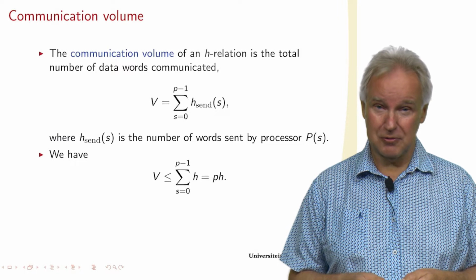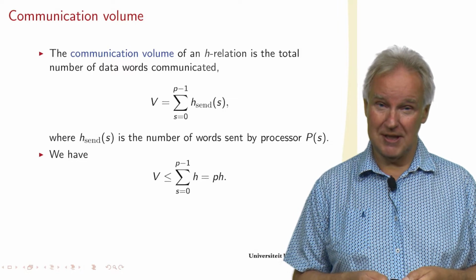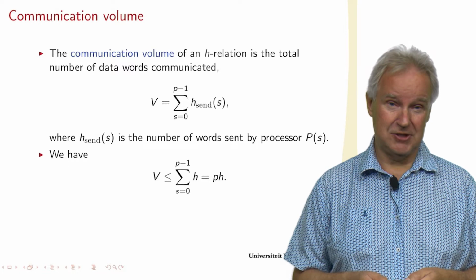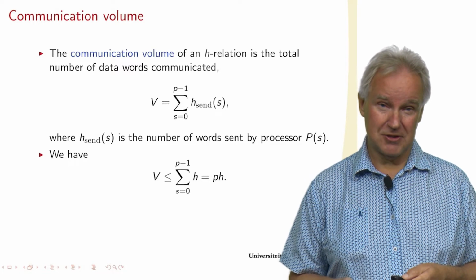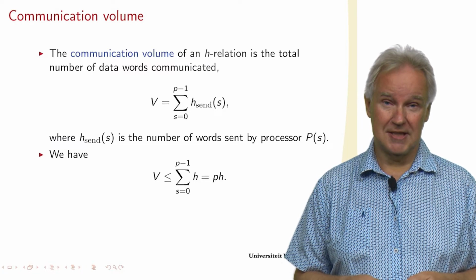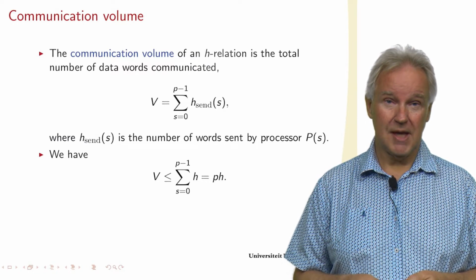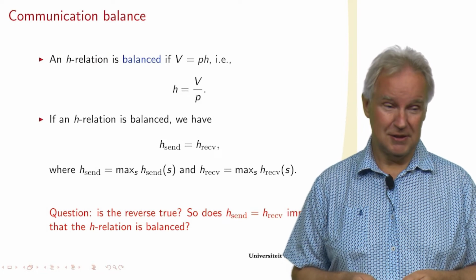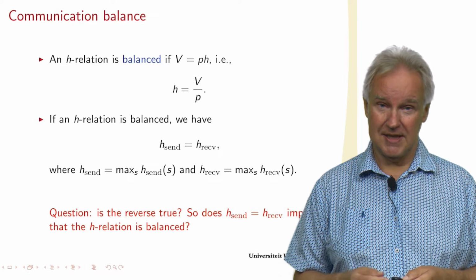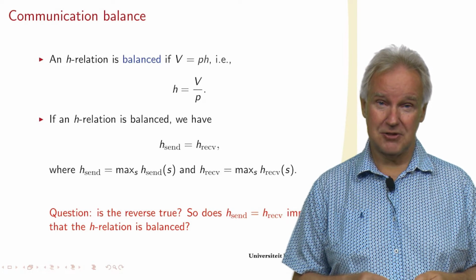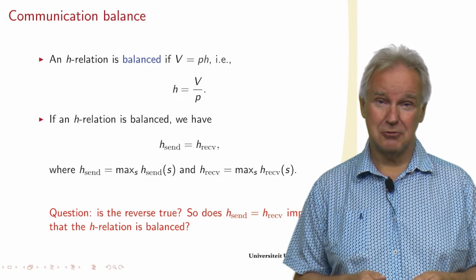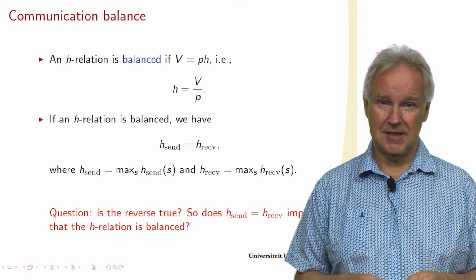The total communication volume V of an H relation is at most P times H, because every processor sends and receives at most H data. If we have equality, V equals P times H, then we can prove that every processor must send exactly H and also receive exactly H data words.